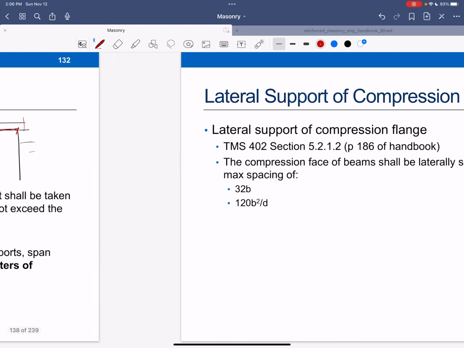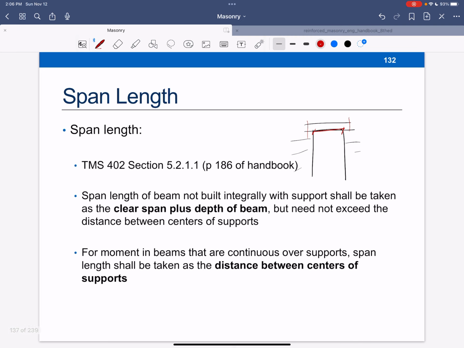So it tells you what that is. If it's not built integrally with the support, you take the clear span plus the depth of the beam, or not to exceed the distance between centers of support. If it's continuous over supports, you take the distance between centers of support.